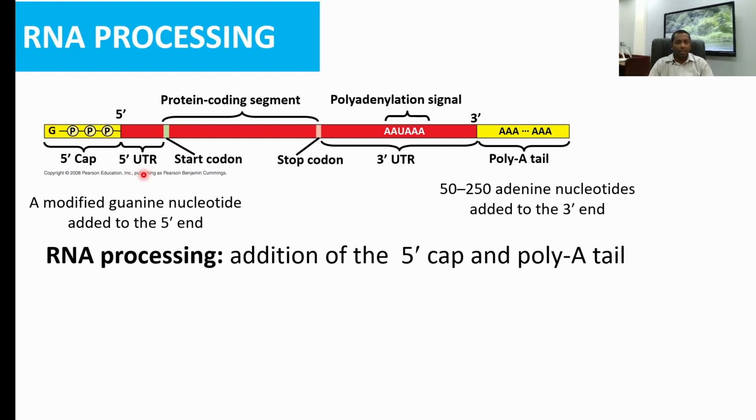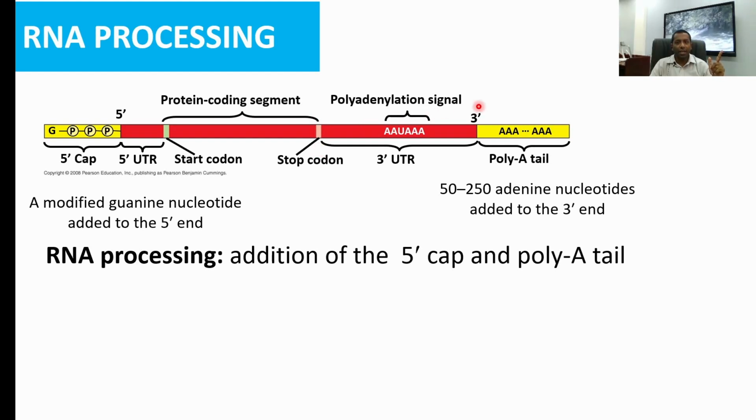Then there's a region we call the UTR, untranslated region, and we have our start codon. The start codon is important during translation, and we have our protein coding segment. This is where the information is stored, and we have a stop codon. So translation stops at this point.